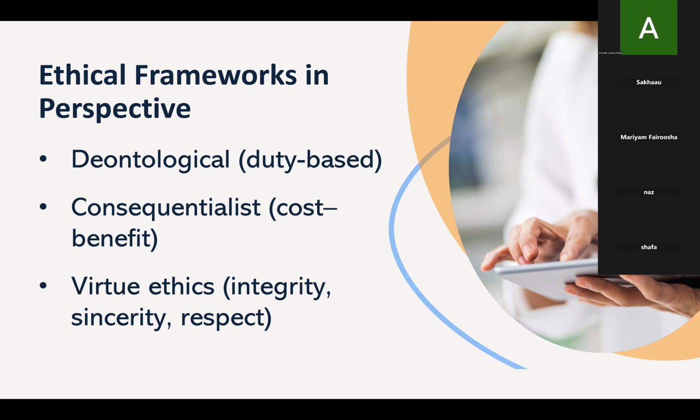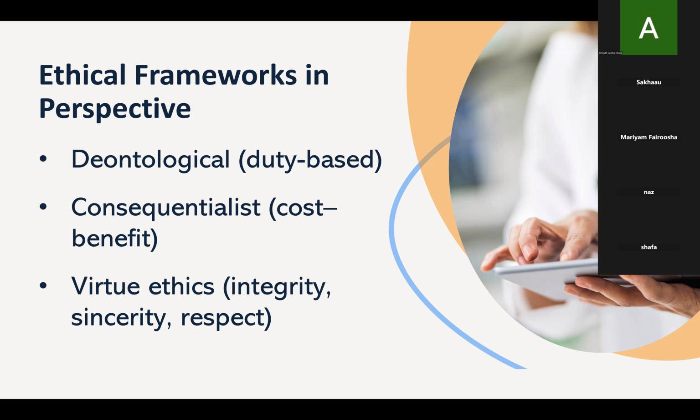If the final benefit is higher, then consequentialist frameworks may say that a slight harm may be okay if the final product is better. Again, there are no right or wrong ways here. You have to see what your research is, what your research questions are, and then focus on this.